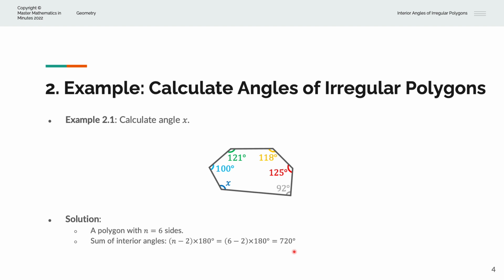And so we're able to calculate x as equal to 720 degrees, which is the total interior angles, minus 100 degrees, which is that angle there, minus 121, which is that second angle there, and so on, minus 118 degrees, minus 125, and minus 92. And that gives us 164 degrees.